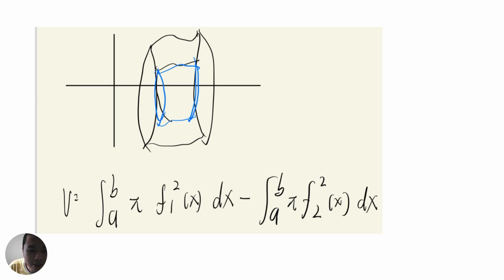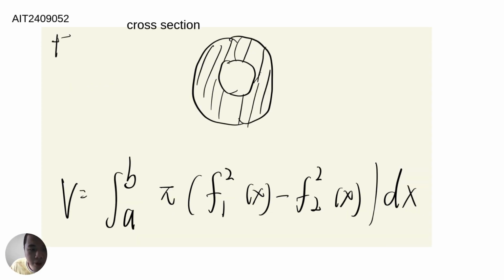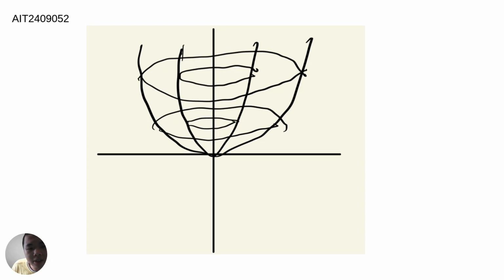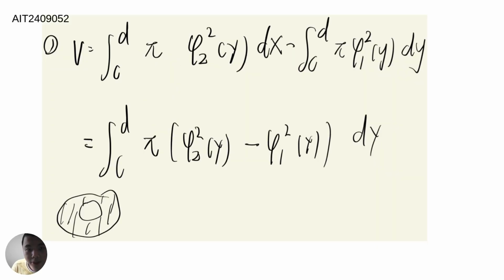If we want to find the volume, we can calculate the bigger one and subtract the smaller one. We can also see the cross section is just a big circle and a small circle. We use the area of the big circle minus the small circle, and we can find the volume. If the curve is rotated around the y-axis, it's also the same. Just change dx to dy.